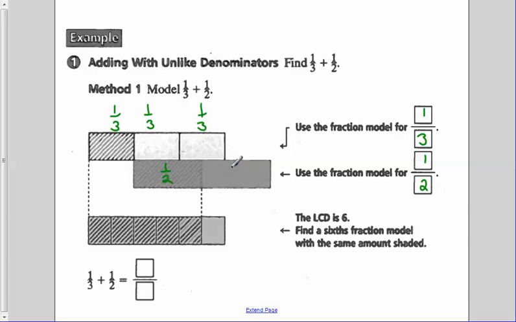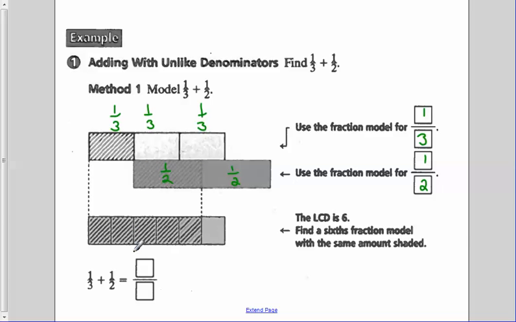Now, when we look at the model method, it may not be your preferred one. You have to draw it out and be very precise with it. But we look at the least common denominator between 3 and 2, which would be 6. So we need to find a sixth fraction model with the same amount shaded. Between these two, we have a third that falls right here, and then 1/2.